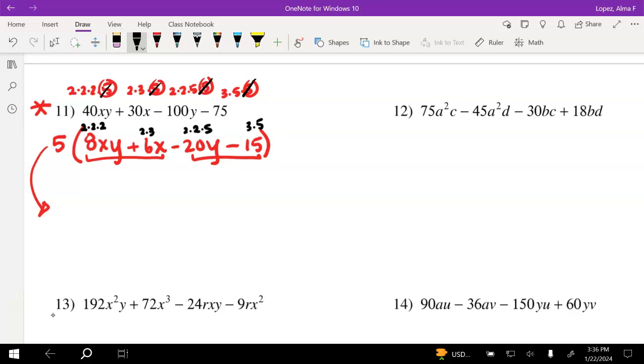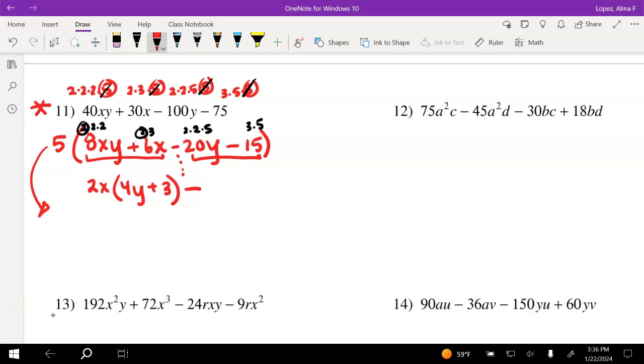Now, the first 2 pieces have a 2 in common all the way across. So I'm going to factor the 2 out. When you factor a 2 and an x out of the first group, it's going to leave behind a 4y plus, when I factor the 2x out of the second term, it's going to leave behind a 3. Bring down the negative between the 2 groups.